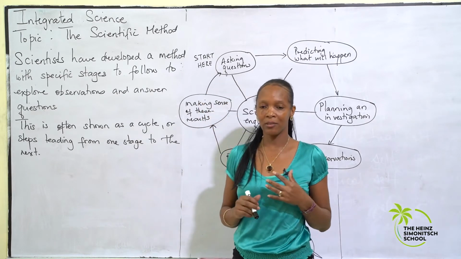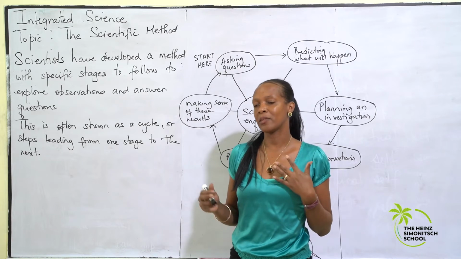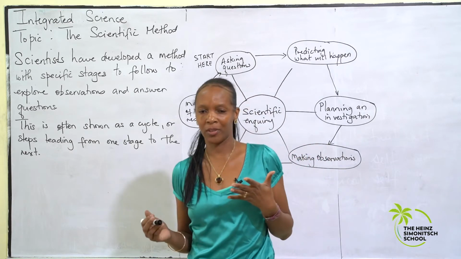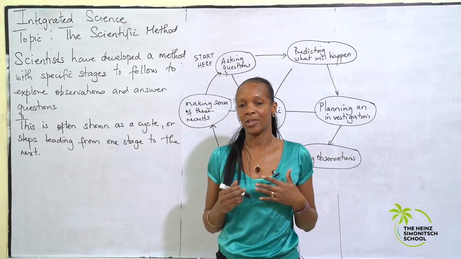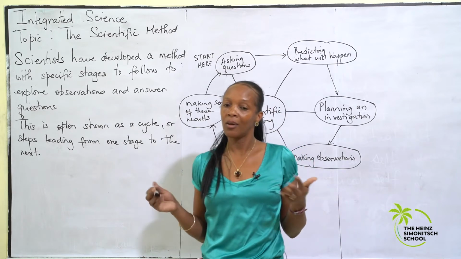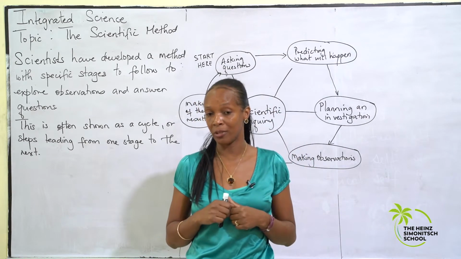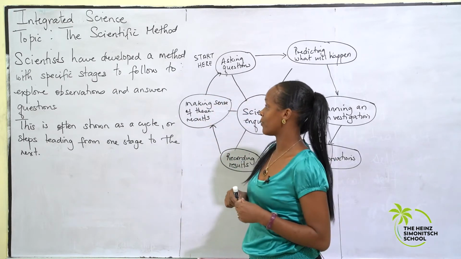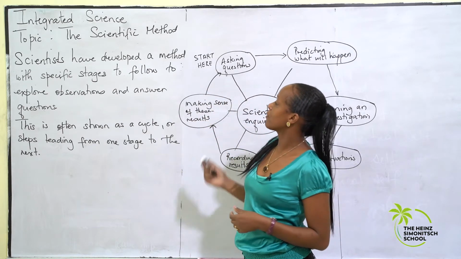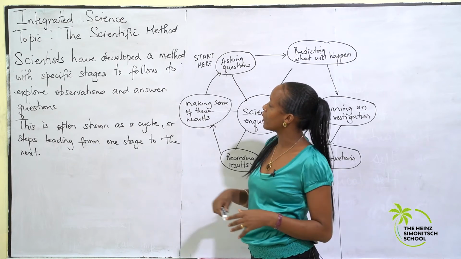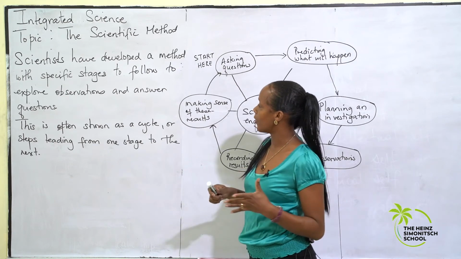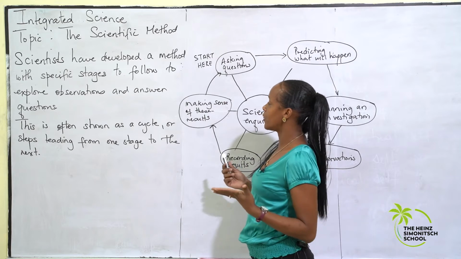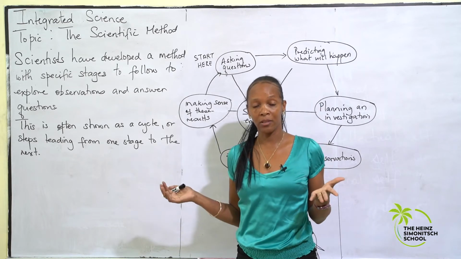So scientists follow steps in order to carry out their investigations. So let us see what the scientific method involves. All right, so scientists have developed a method with specific stages to follow to explore observations and answer questions.